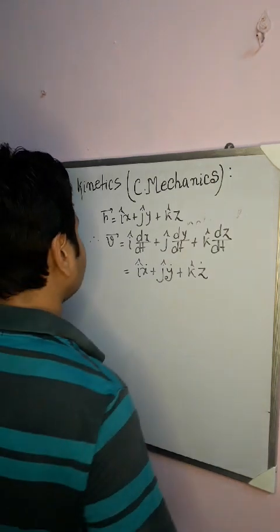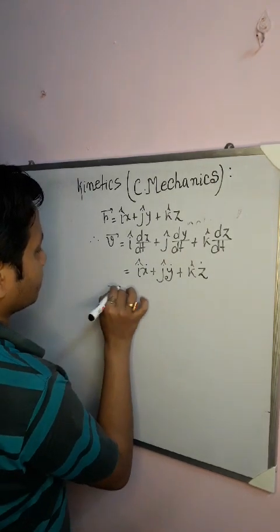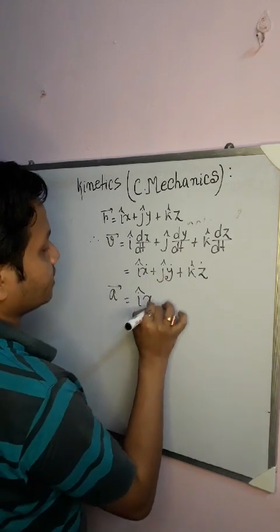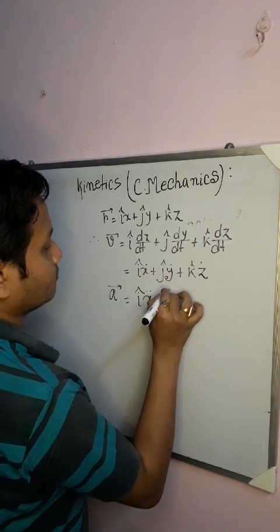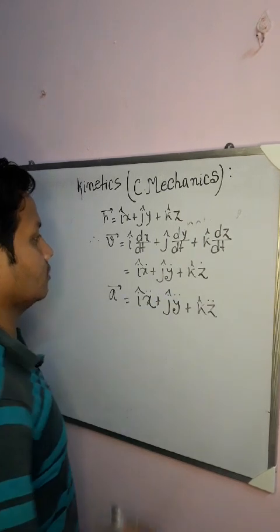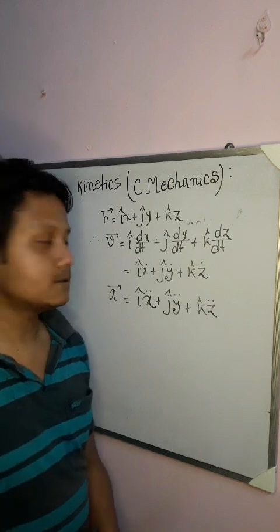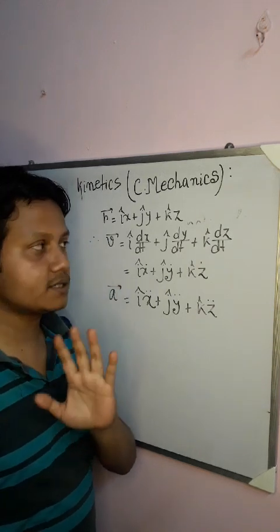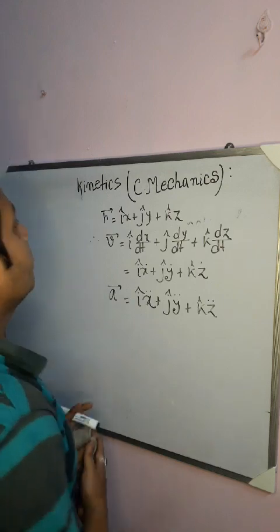Acceleration comes from differentiating again: i cap x double dot plus j cap y double dot plus k cap z double dot. These are the velocity and acceleration of a particle in the Cartesian coordinate system.